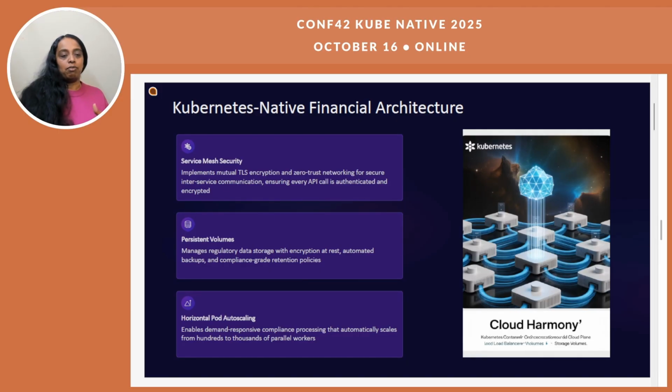Critical Kubernetes features enable truly adaptive systems. Horizontal pod autoscaling dynamically adjusts the resources based on the transaction volume. Service mesh technology provides zero trust security between microservices, and GitOps workflows allow teams to deploy policy changes across global infrastructure in minutes rather than weeks.